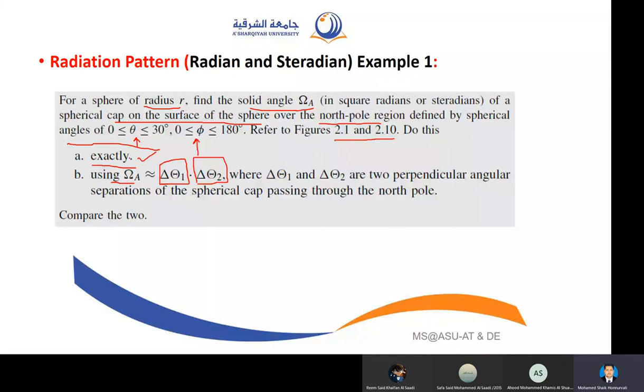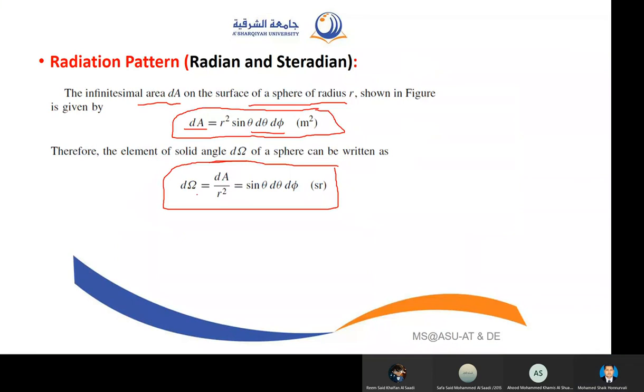So first let us look at the exact equation, how to calculate the solid angle. We know the formula: dΩ = sinθ dθ dφ.